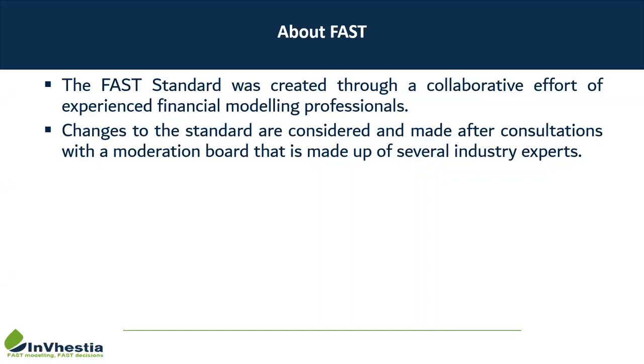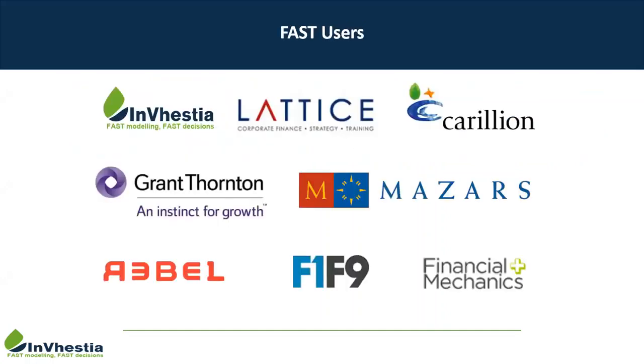It improves readability, structure, transparency and things like that. We'll see how FAST as a standard really champions the advantages of having a structure when you're dealing with financial modeling.